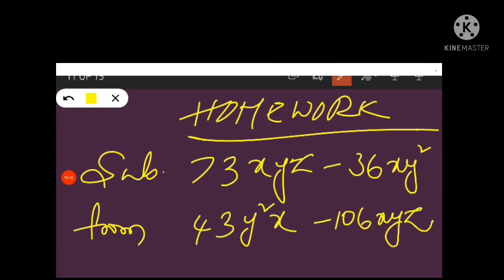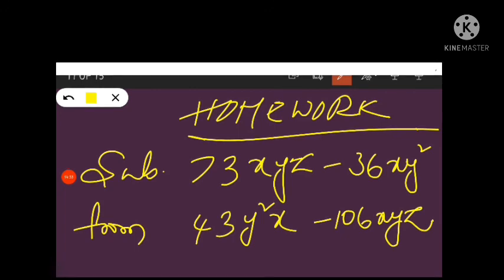So this is your homework. What is the question here? Subtract 73xyz minus 36xy square from 43y square x minus 106xyz. Okay.